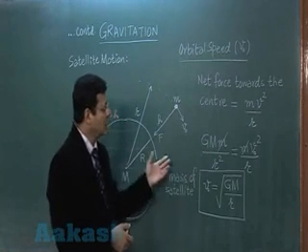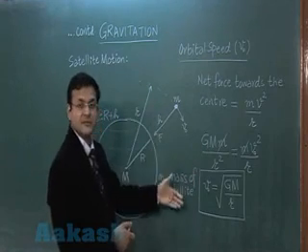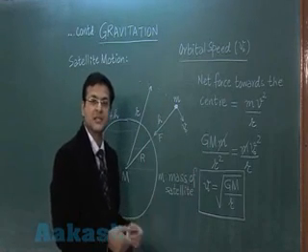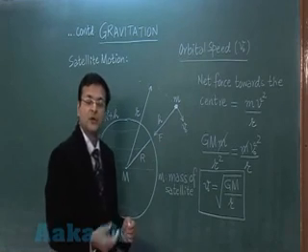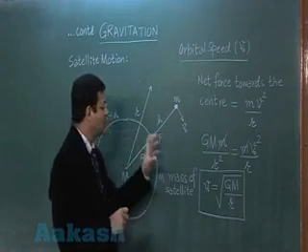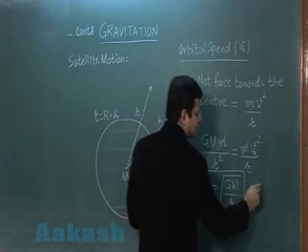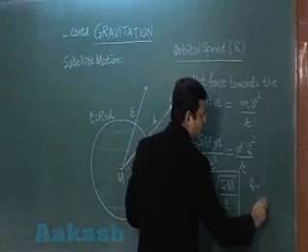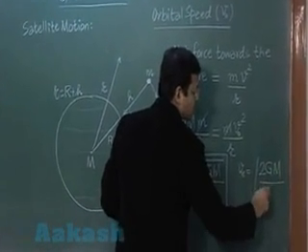Now you can correlate this orbital speed with the escape speed as well. If you remember, in the last lecture we had talked about escape speed, and we had also said that escape speed is not a quantity which is constant. For example, you made the derivation of escape speed as under root 2GM upon small r.